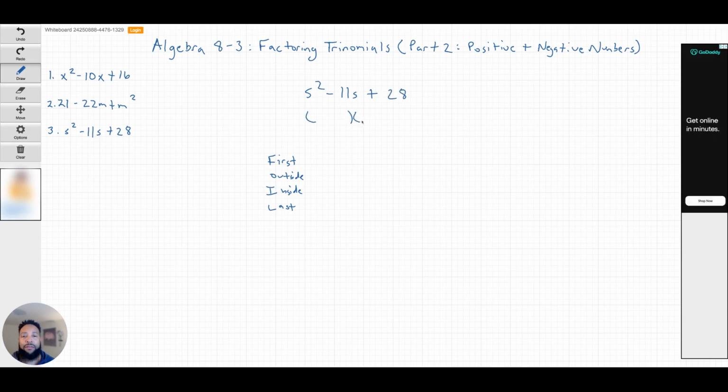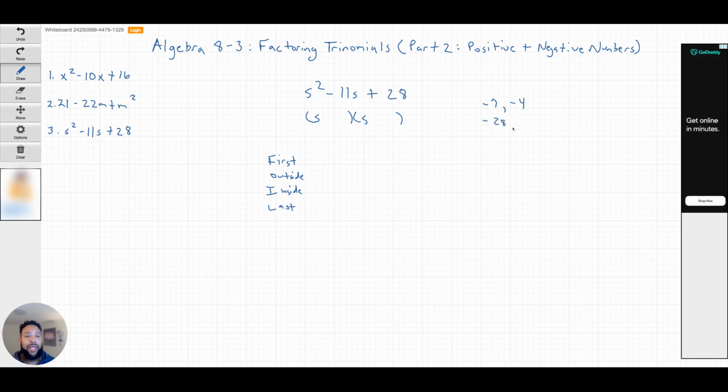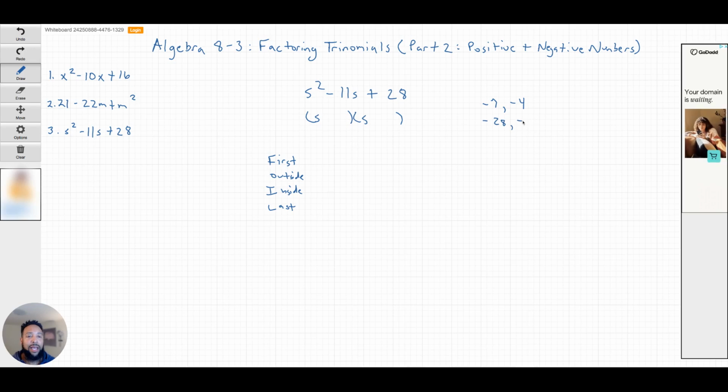When we get ready to factor, what two numbers multiply to get 28, but when I add them, I get negative 11? So with 28, we could have negative 7 times a negative 4, negative 28 times a negative 1.